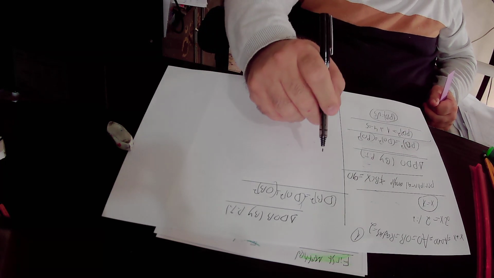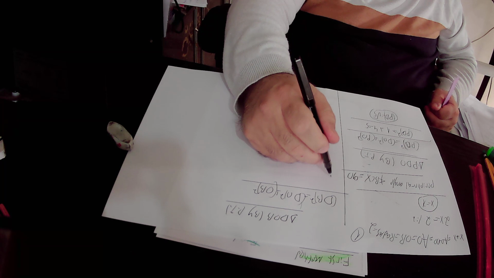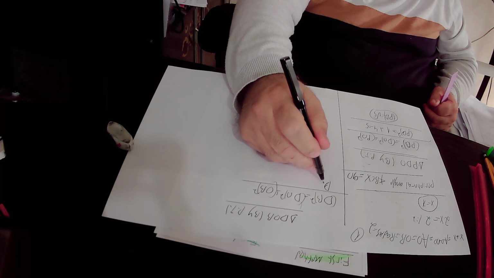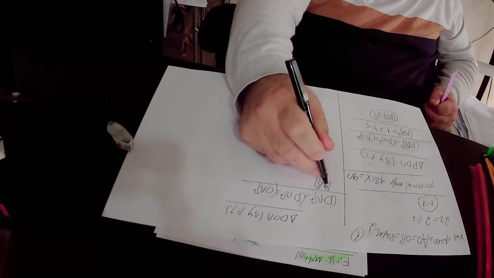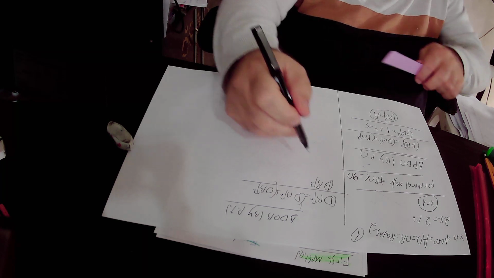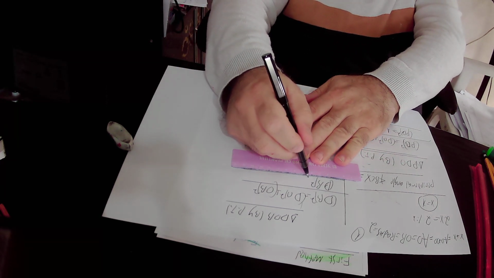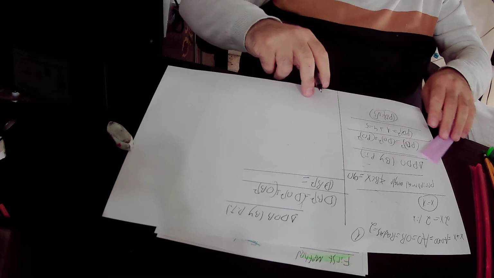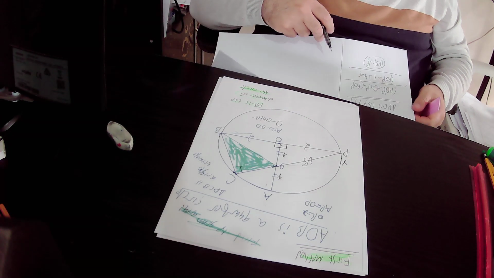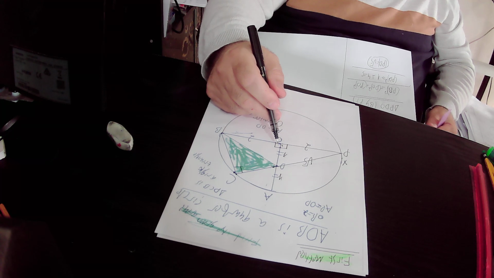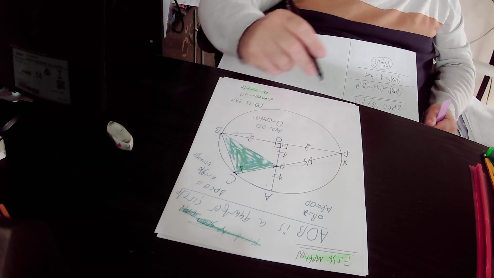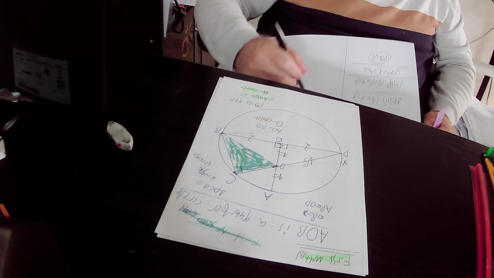So DB square equals to DO square. DO is 1, so DO square is 1 squared, that is 1, plus OB square.